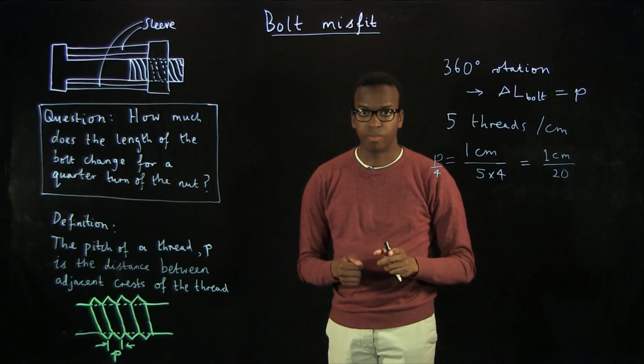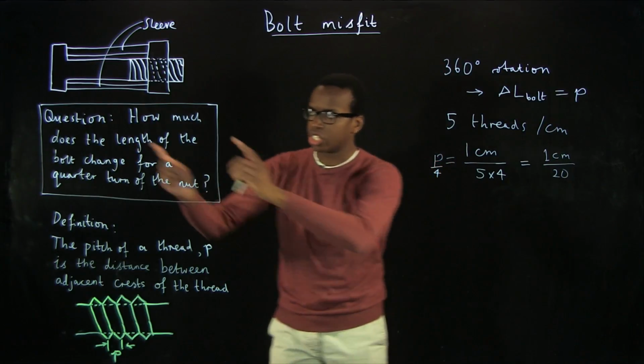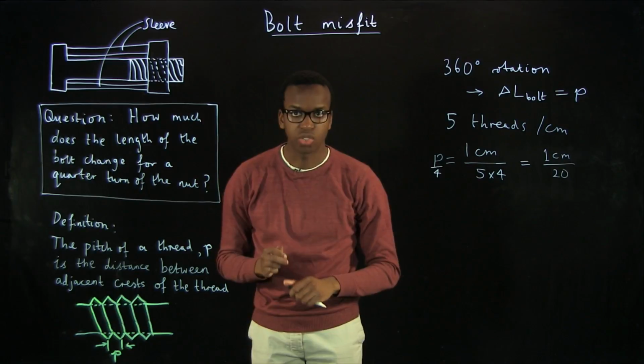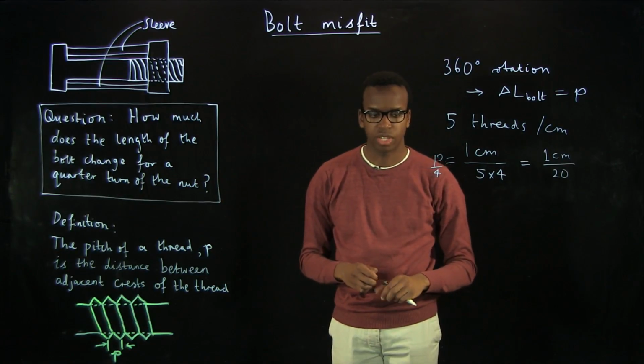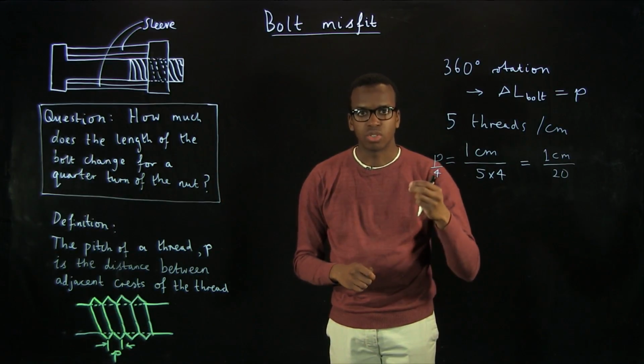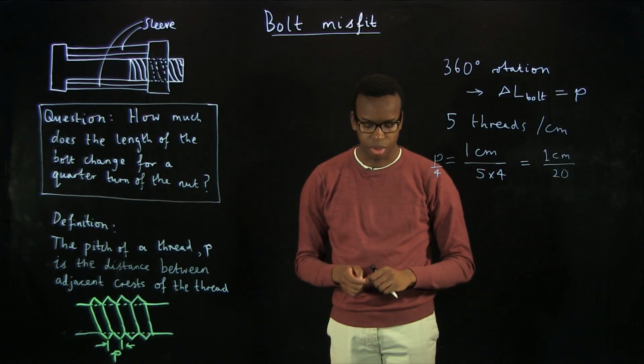But remember, in this problem, it's not really the change in length of the bolt that we're interested in when we're finding the stress, but what we want to know is the total elongation of the bolt.